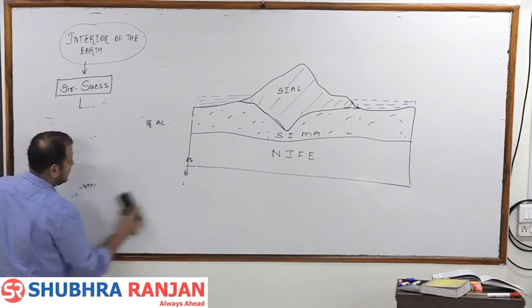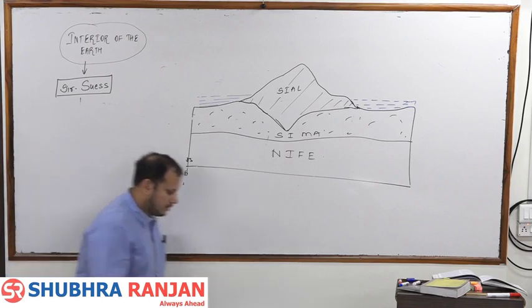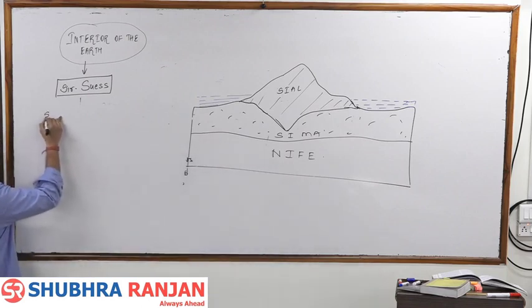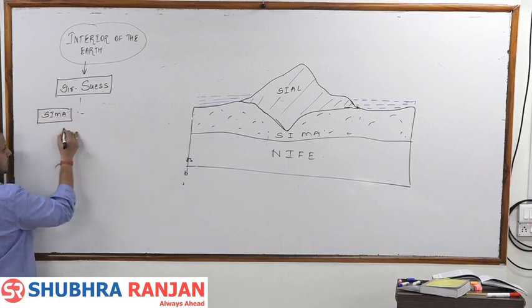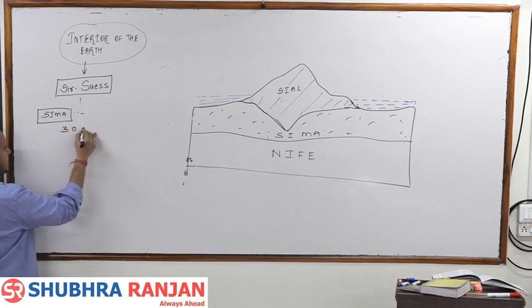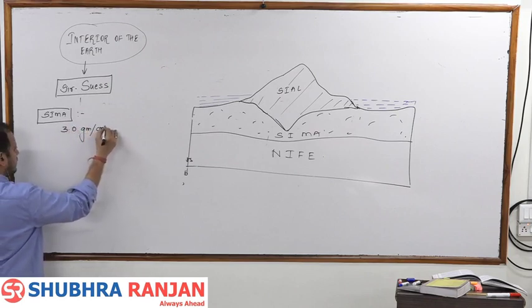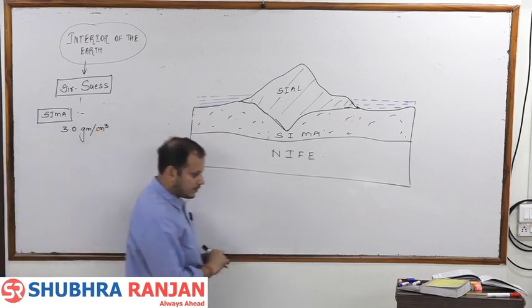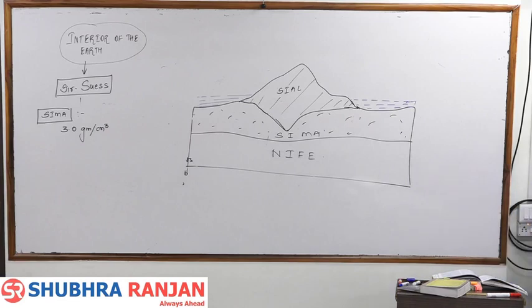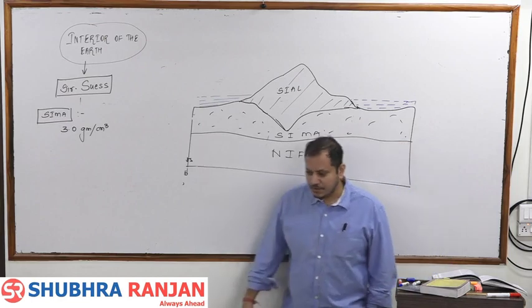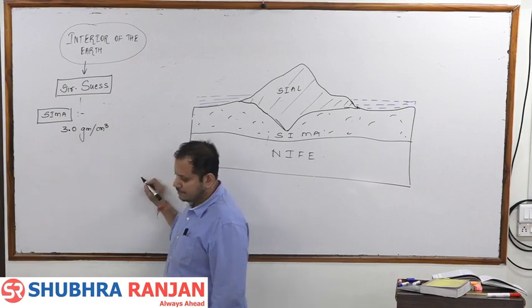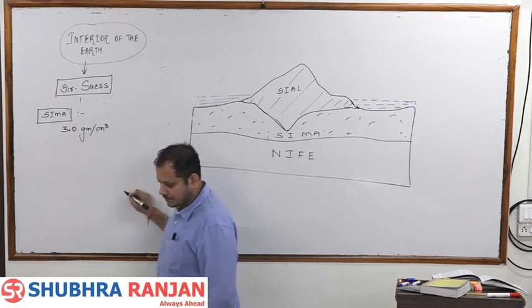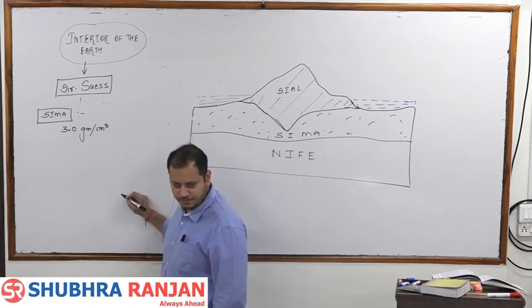Sima, made up of denser material having an average density of 3 grams, not 30, okay, 3 grams per centimeter cube.